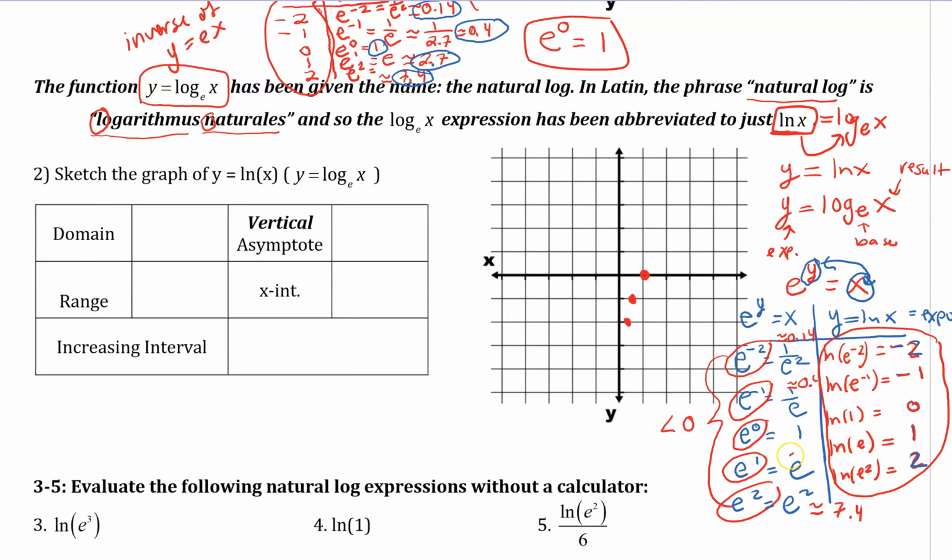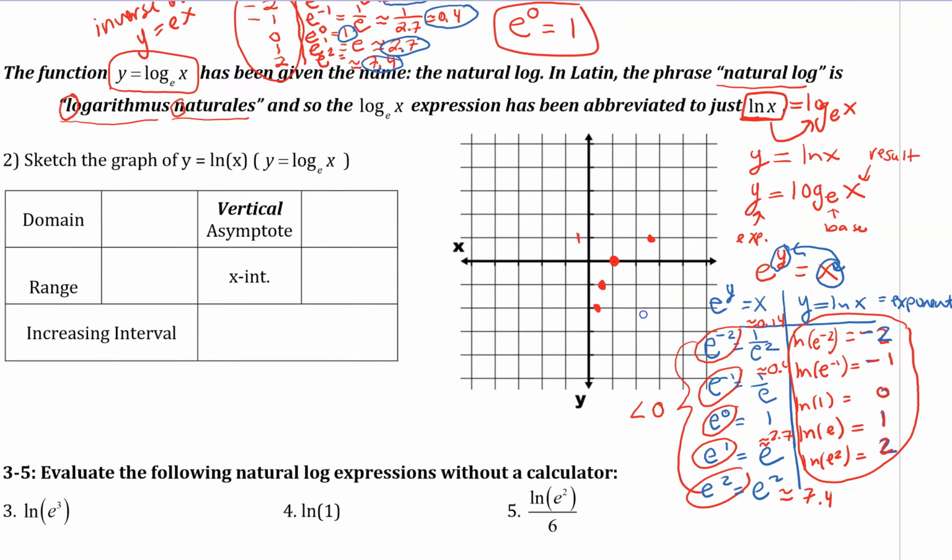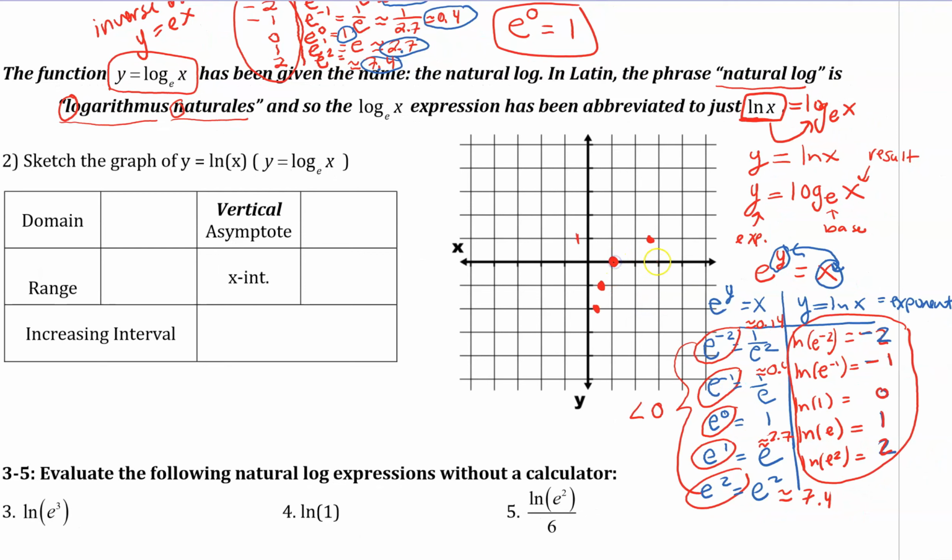Now e is about 2.7, so I go just between 2 and 3, closer to 3, and the output is 1, because e to the first power equals itself. The y values are the exponents. And then when I go to about 7.4, 1, 2, 3, 4, 5, 6, 7.4, like right around there, I will go up to 2, right there.